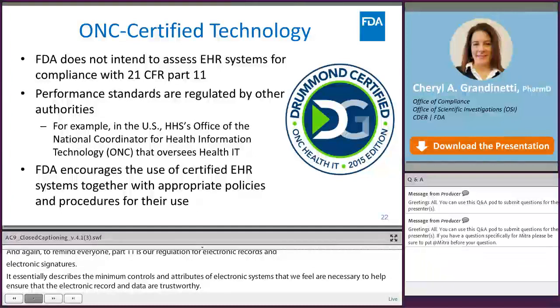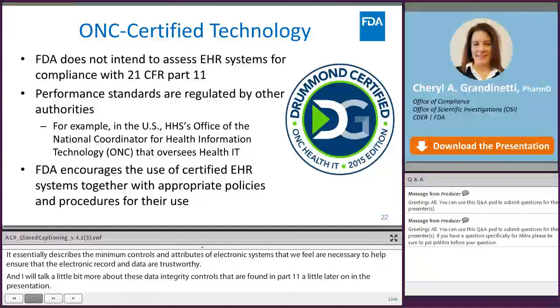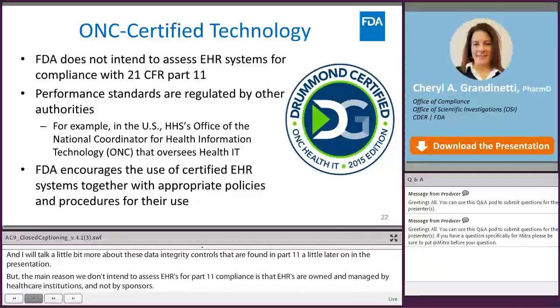The main reason that we don't intend to assess EHRs for Part 11 compliance is that EHRs are owned and managed by healthcare institutions and not by sponsors. So we really can't hold sponsors responsible for ensuring that EHR systems are compliant with the Part 11 regulations. Also, the performance standards for EHR systems are regulated by other authorities and not FDA.